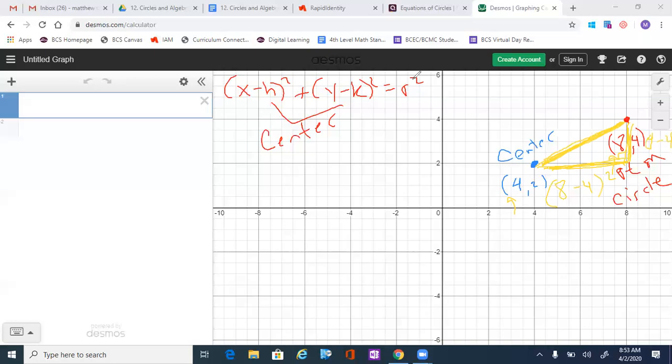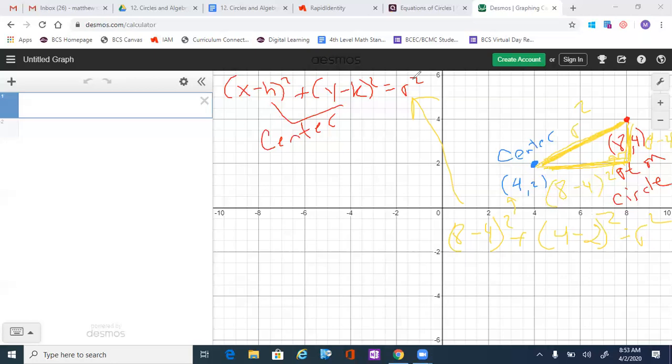And that would give me r squared. So let's write that out real quick: (8 minus 4) squared plus (4 minus 2) squared equals r squared. Notice we've already got the formation of this right there. 8 minus 4, this is the opposite of that 4.